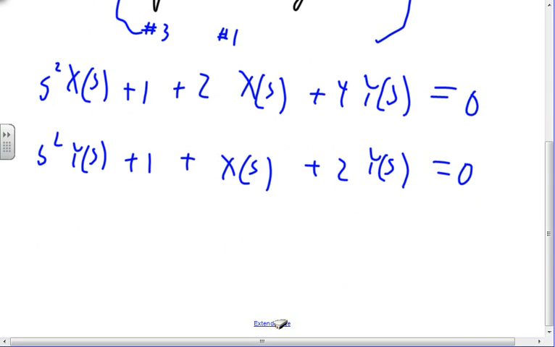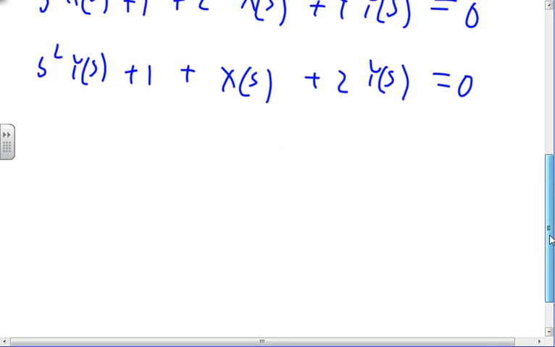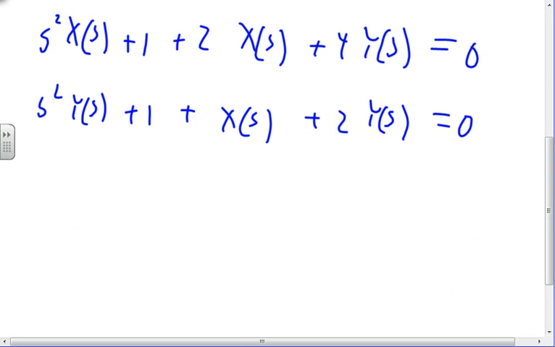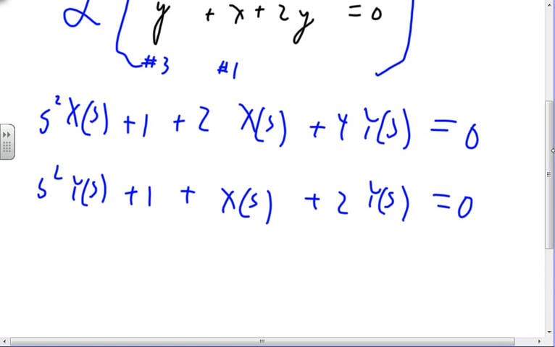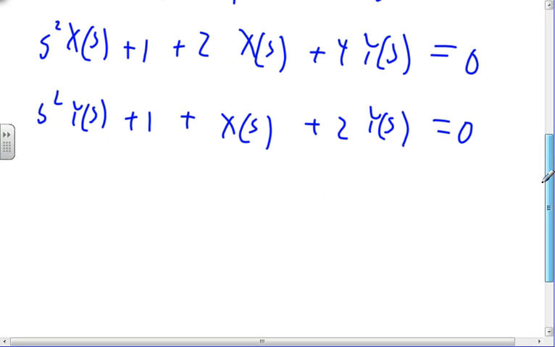Now, assuming that I did that right, we're now going to align these guys so it looks like something like that. We're going to align the two equations so they look like that, so I have two equations, two unknowns is what I'm looking for.